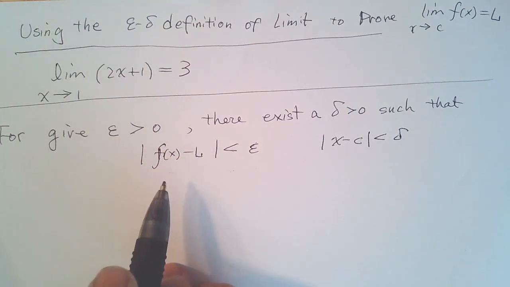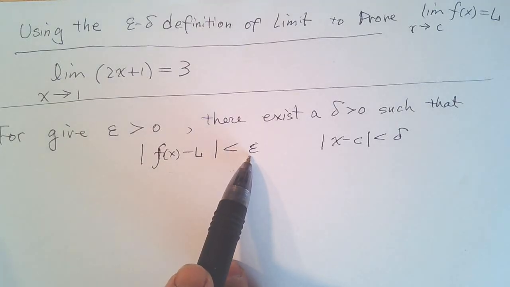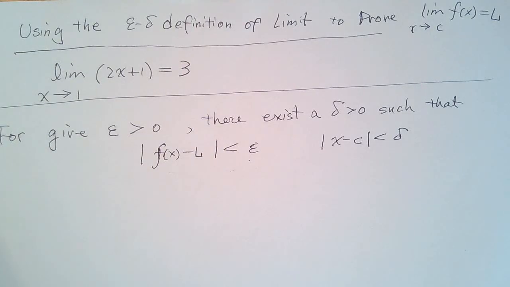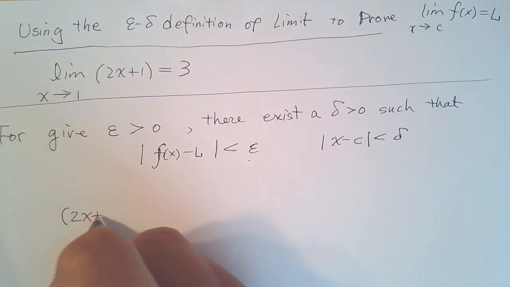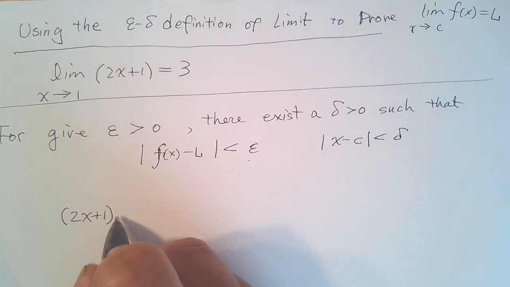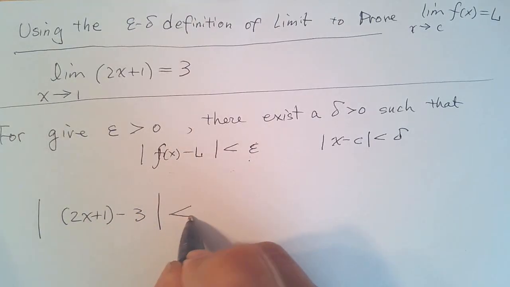Given, this is a little different than the previous example. In the previous example, I gave you the epsilon as 0.01, right? But in this case, I didn't say anything. I just said positive. Prove it. f of x is 2x plus 1, then minus 3, absolute value less than epsilon.